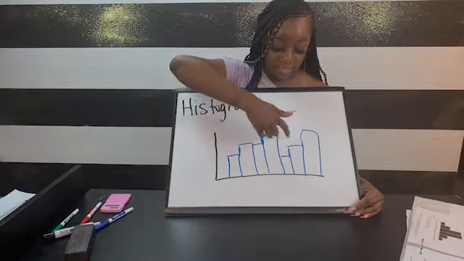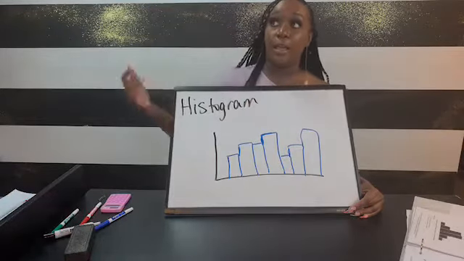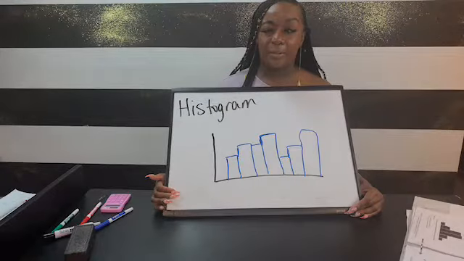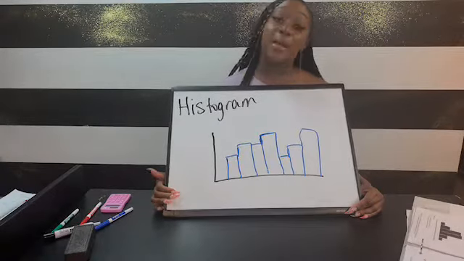A good histogram would be comparing how much time people spend on social media. Of course, if we did a survey of a random 20 people, this would display different frequencies.